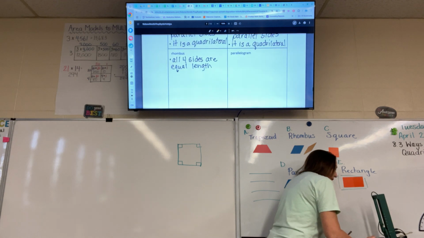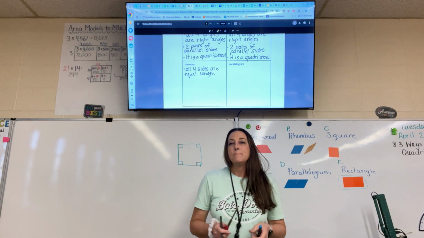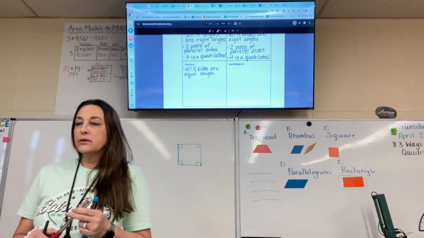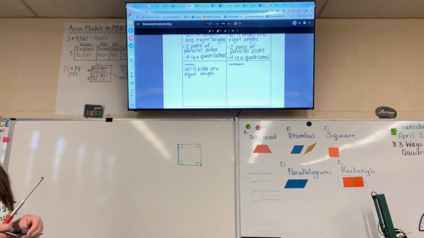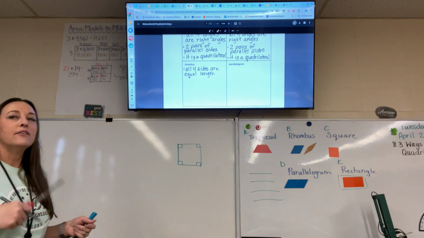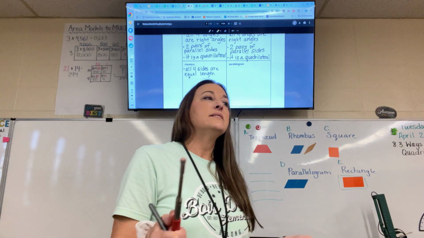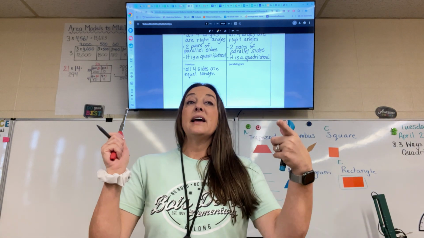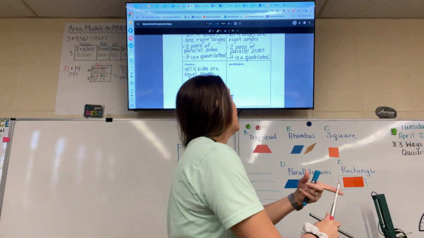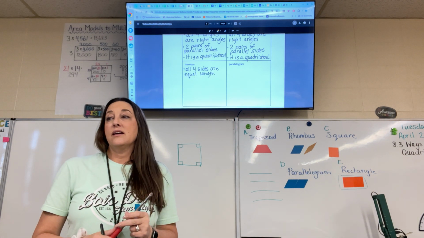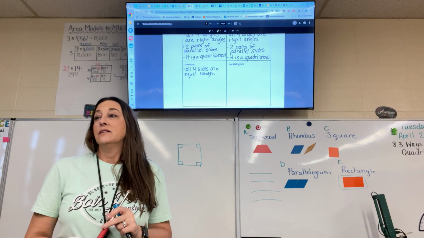The definition of a rhombus doesn't specify a certain type of angle. What it specifies is that the 4 sides are equal length and one other thing. Remington? It has 2 pairs of parallel sides.